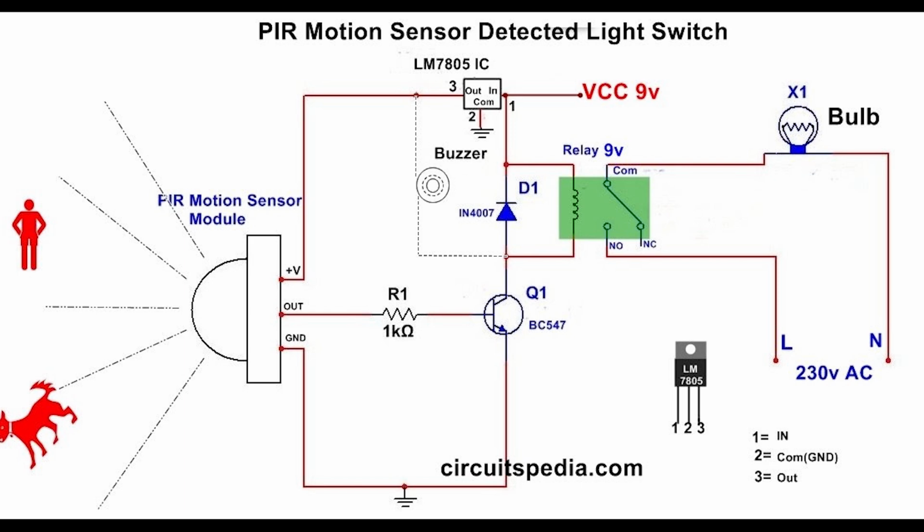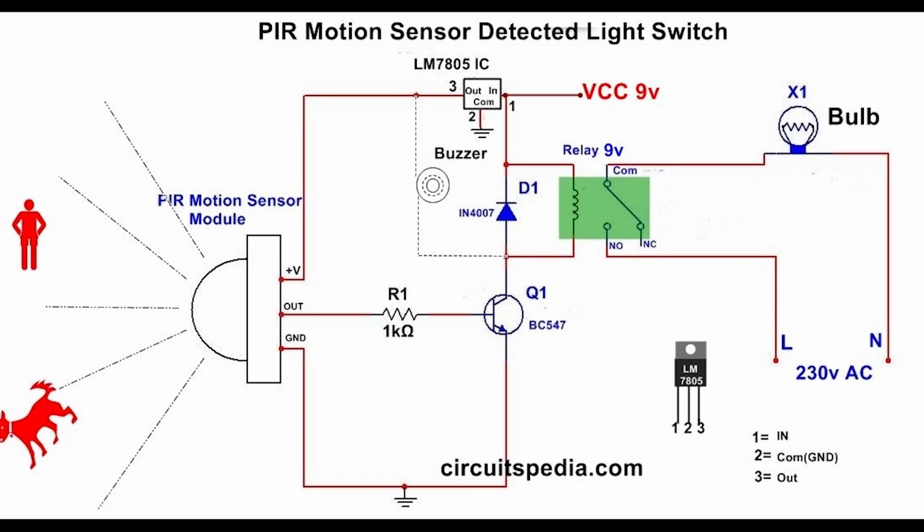So in this case you have a very basic diagram for a load of 230 volts or any other voltage range different from what you provided to this circuit. According to this circuit, you have a relay and this diode for flyback current protection. This is a coil. You know that when using a relay, you have a coil. In this case, according to this diagram, when the sensing output from the PIR sensor arrives, this transistor starts conducting.